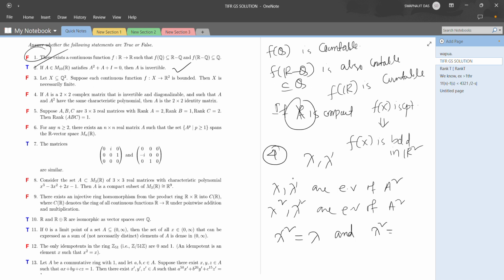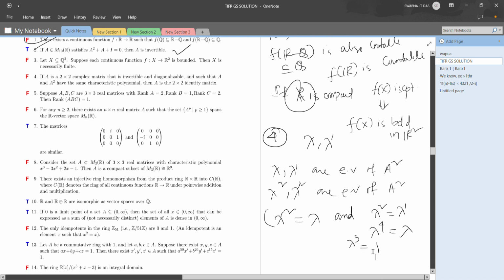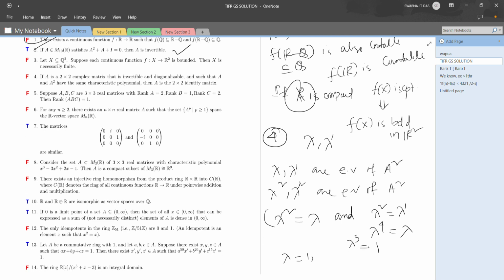It may happen that lambda prime² is lambda and lambda² is lambda prime. Suppose this happens, then you will get lambda⁴ equals lambda. And it is given that A is invertible, so 0 cannot be an eigenvalue. That means lambda³ is equal to 1.